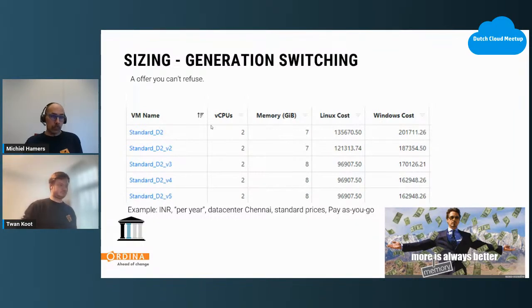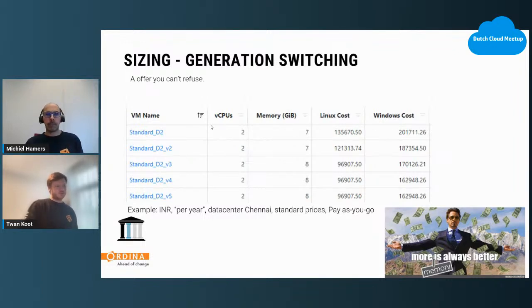Microsoft will not upgrade or switch your virtual machine to a new version. You have to do that yourself. So you can see that there are different variations of the same family, the same virtual machine. It's a D2, but you have multiple versions.